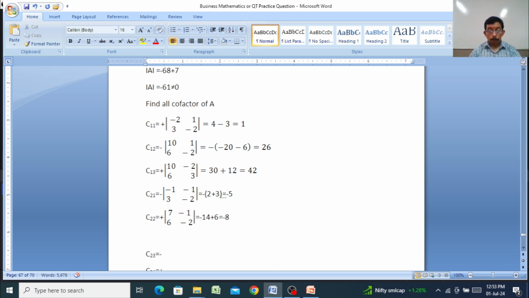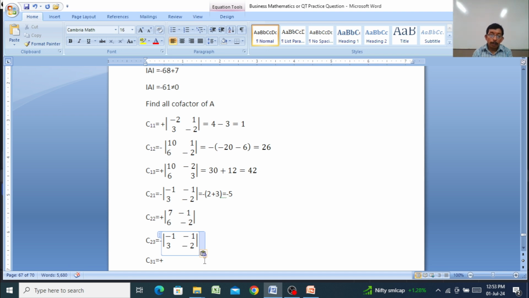Now we come to the second row third column cofactor.